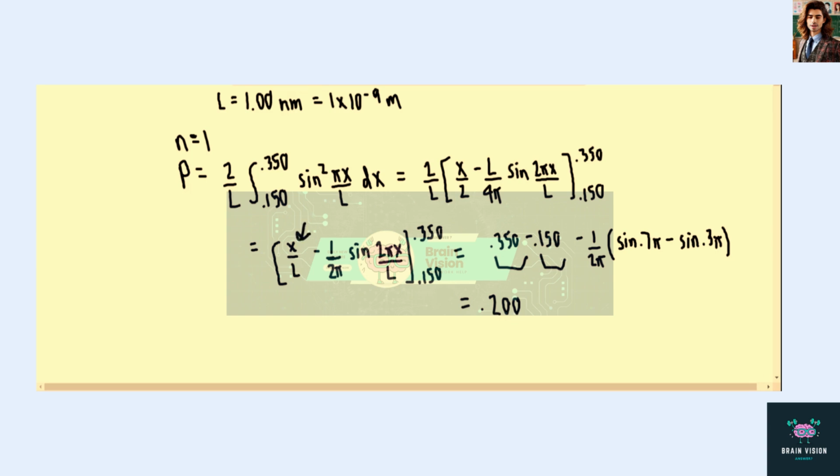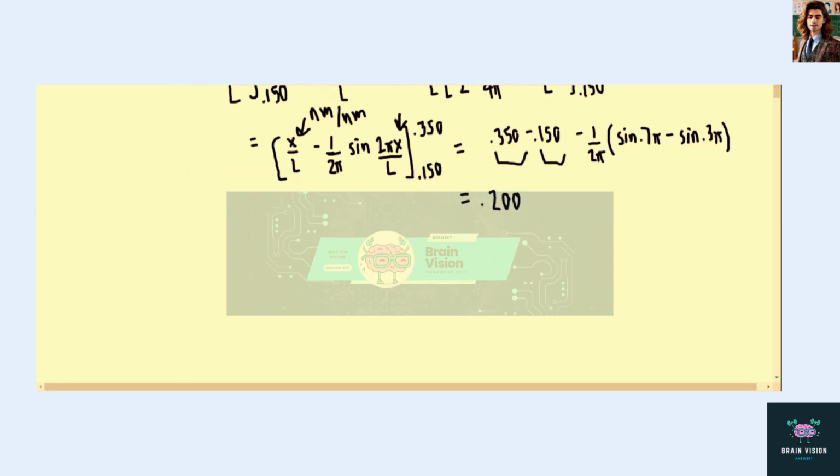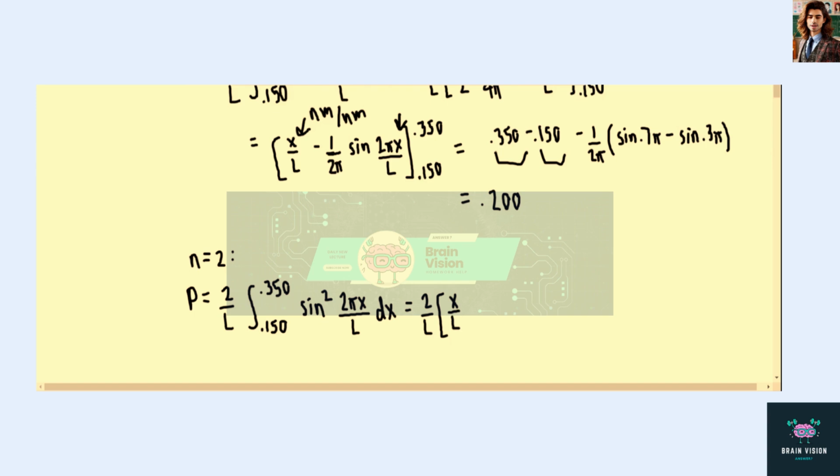Right here, you'll notice that the units went away because 0.350 was divided by L. Here, X over L had X and L with the same units of nanometers over nanometers, and the same is true right here for X over L. So those units went away. Now we continue on and do the same for n equals 2.